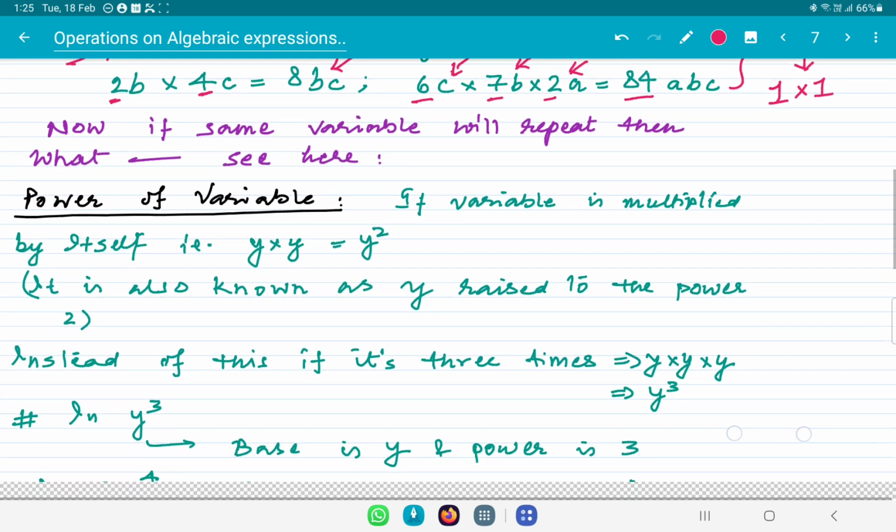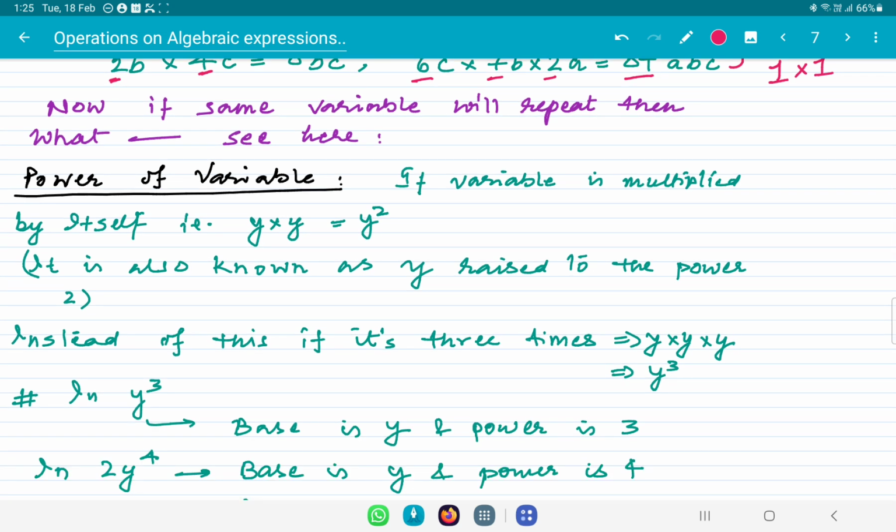Through this you can easily understand what it is. If a variable is multiplied by itself, suppose y is any variable, and we say the variable is multiplied by itself, it means we have to write y multiplied by y. So y multiplied by y means y raised to the power 1 multiplied by y raised to the power 1.